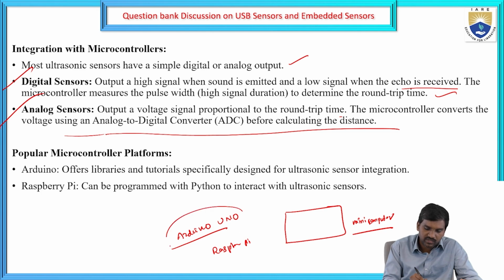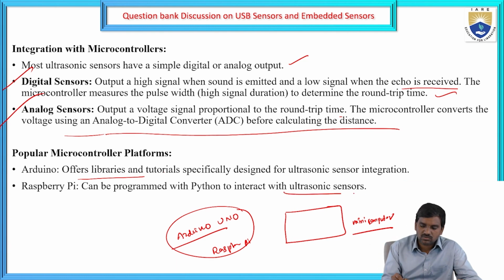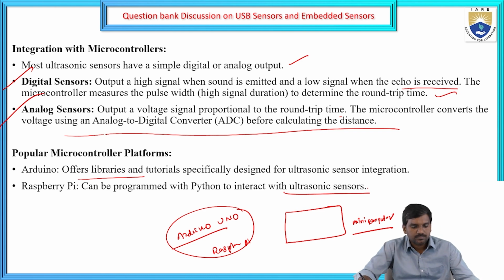Arduino and Raspberry Pi are very important. They offer libraries and tutorials specifically designed for ultrasonic sensor integration. Raspberry Pi can be programmed with Python to interact with ultrasonic sensors. So these are the popular microcontroller platforms, Arduino Uno and Raspberry Pi.